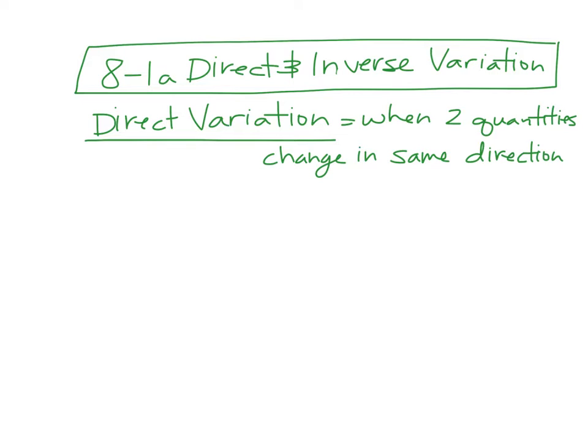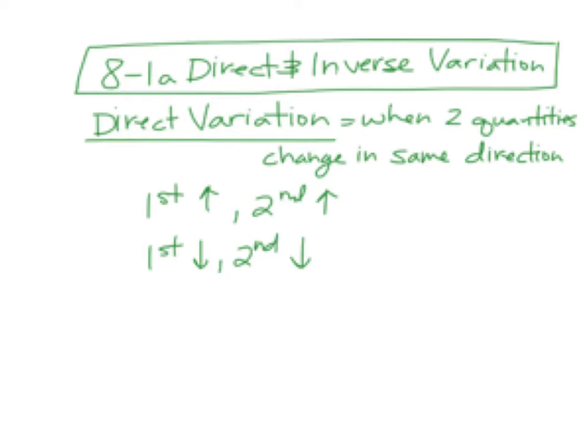Basically what we're saying is if your first quantity goes up, then your second quantity will also be going up for direct variation. Whereas if my first quantity is going down, then my second quantity will also be going down for direct variation.